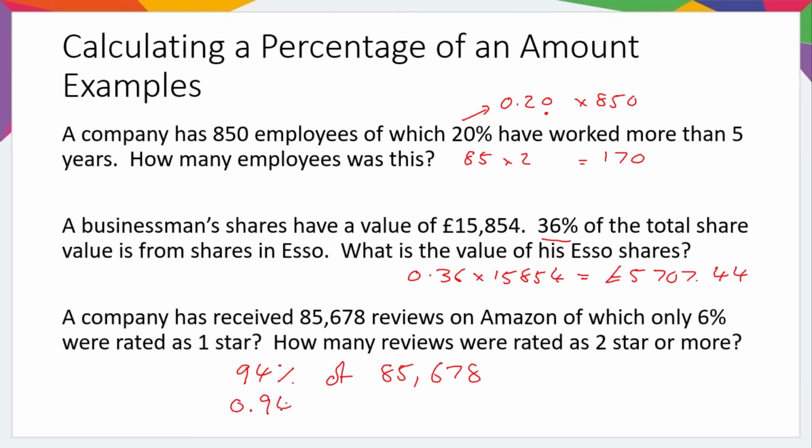So that's our calculation, 0.94 times 85,678, and that comes to a total of 80,537.32. Presumably, if this was an actual numerical reasoning test, they would ask you to round it to the nearest whole number. So that would round down to 80,537.